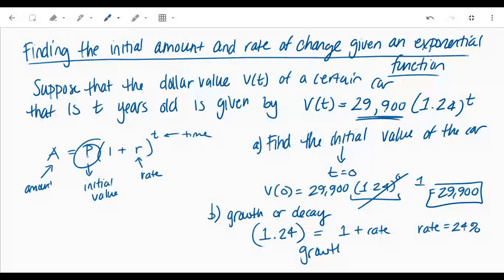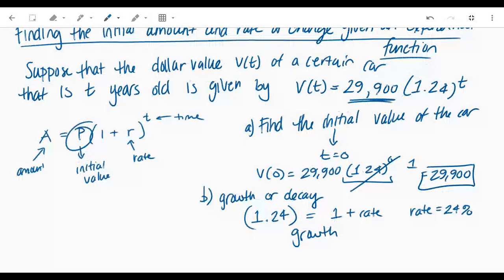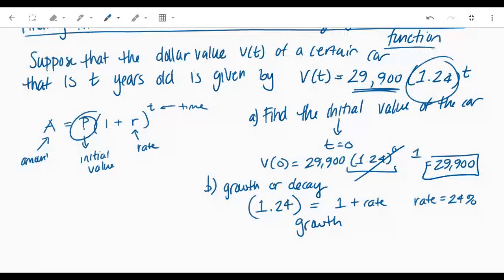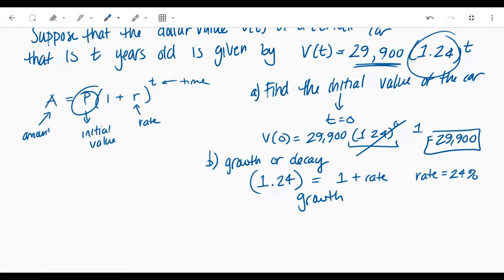And the easy way to do that is if that number in the parentheses is greater than 1, we have growth. If it's less than 1, we have decay. If it's less than 1, that means that r would have to be negative. All right, and then C asks for the rate. So our rate is 24%.